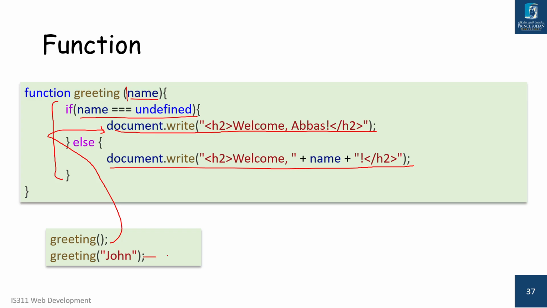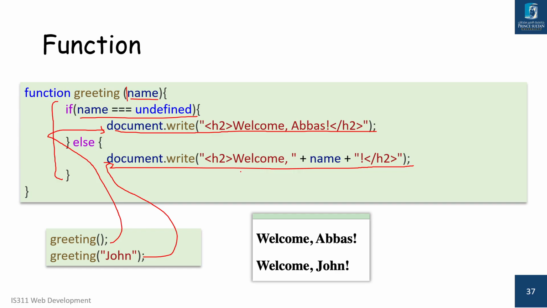But if we are providing the value, then it will come in the else part and then print welcome John on the screen of the page. So here we have executed these functions and they print actually two different messages on the web page.